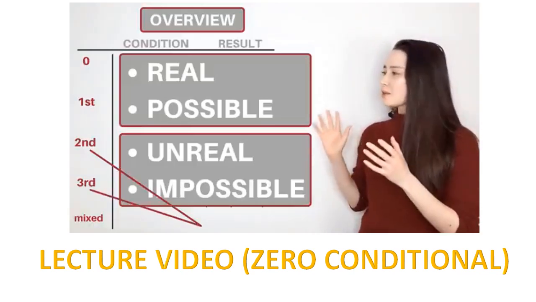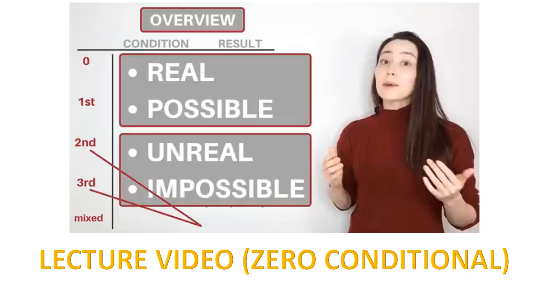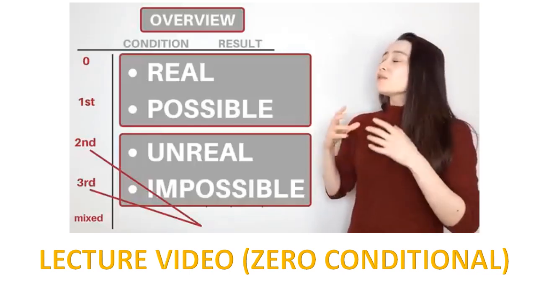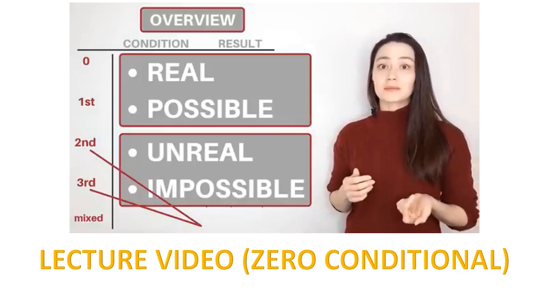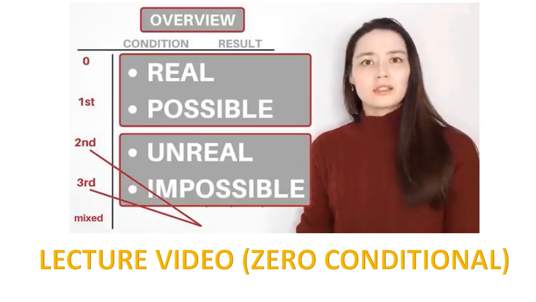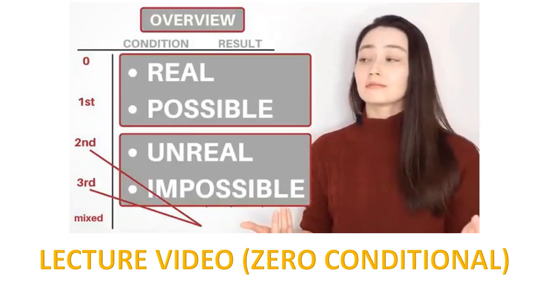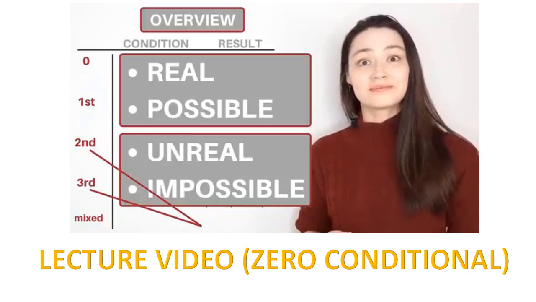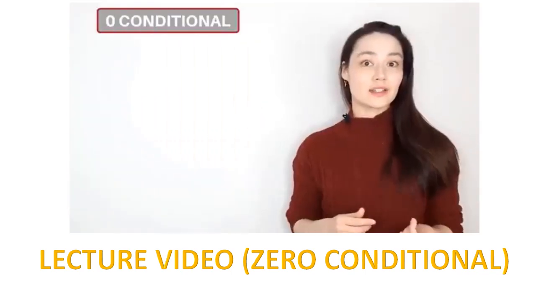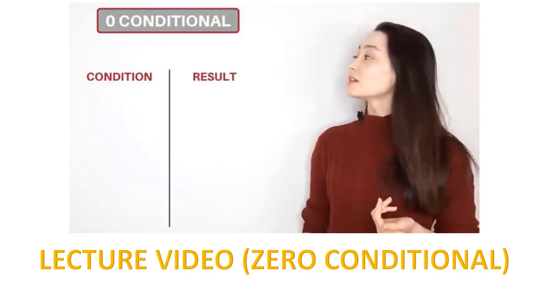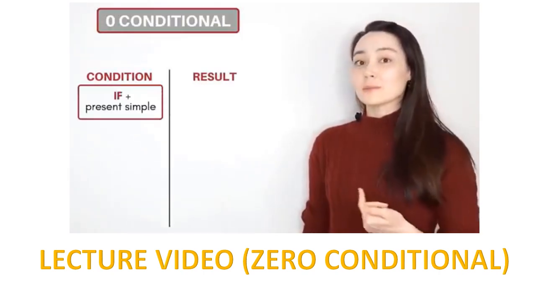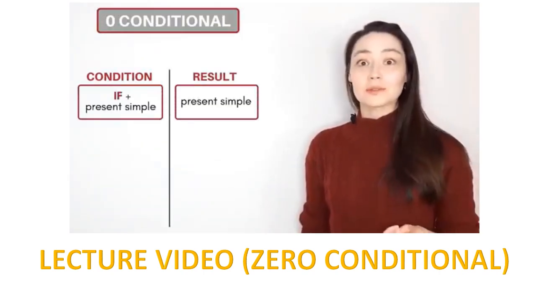So, I know it looks like a lot of information, but by the end of this lesson, you'll feel a lot more confident and comfortable with conditionals. So, let's begin. Let's begin with 0. 0 conditional. Condition, result. If plus present simple, present simple.